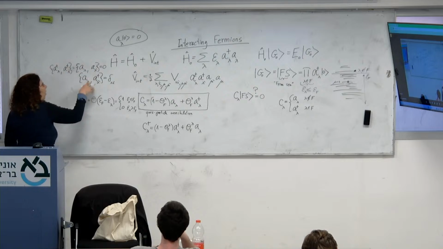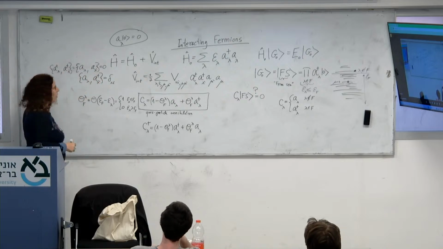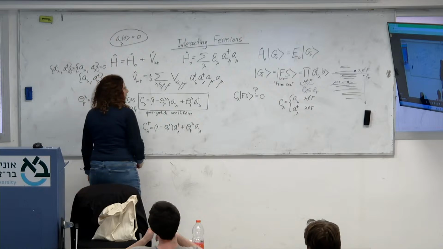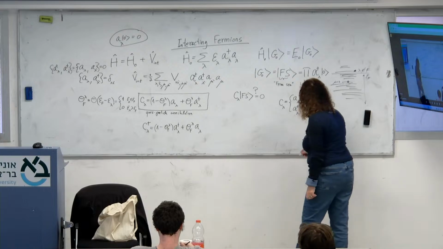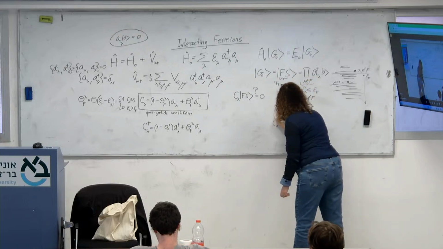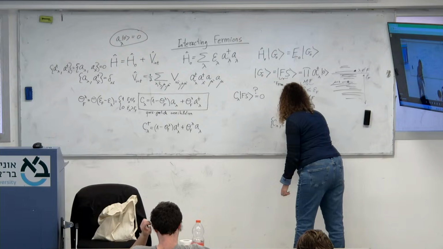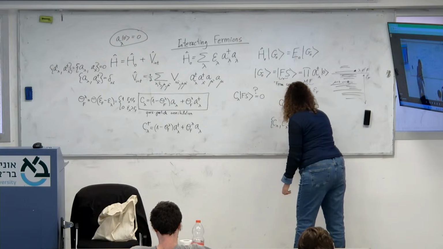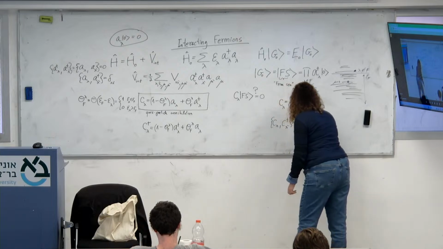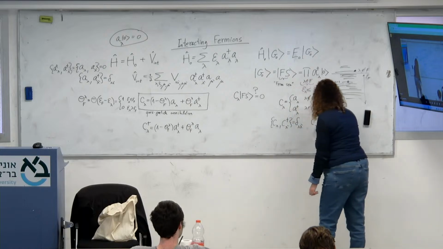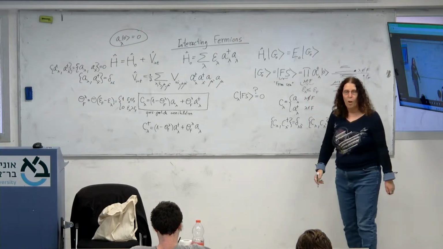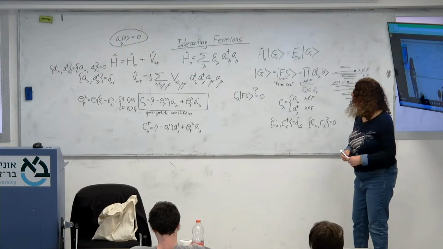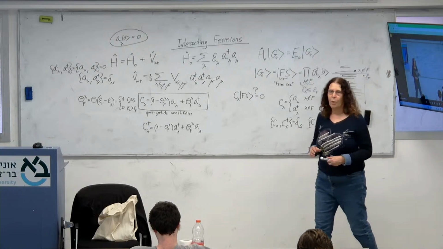So all this algebra is obeyed also by the C and C daggers. So the anti-commutator of C lambda with C lambda prime dagger is a delta, and C lambda with C lambda prime anti-commutator is 0. Okay, so the quasi-particles are fermions.